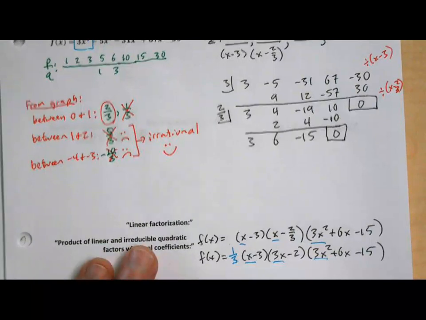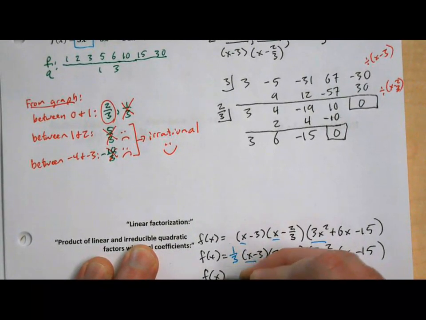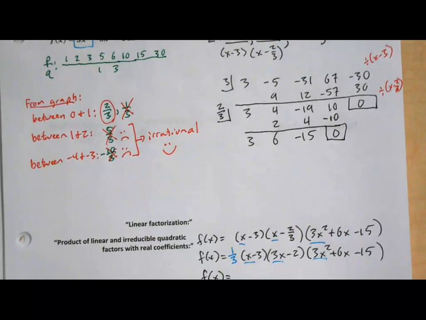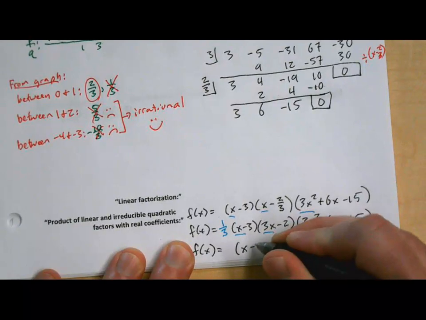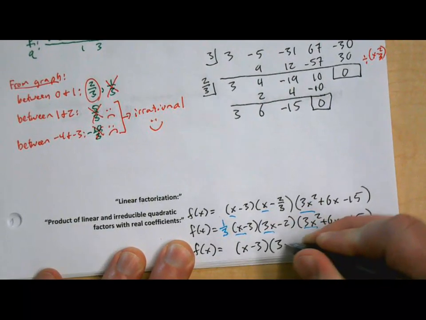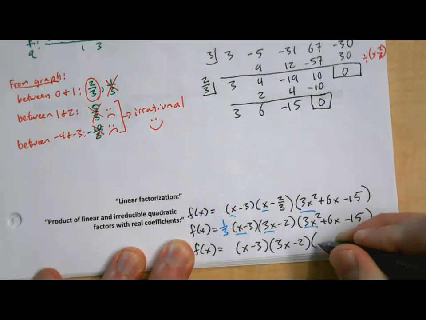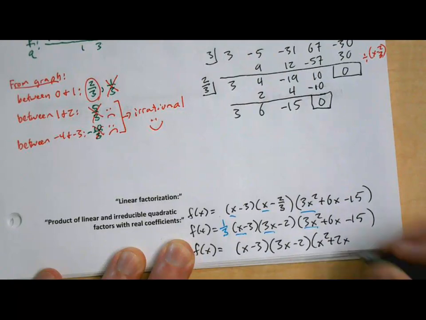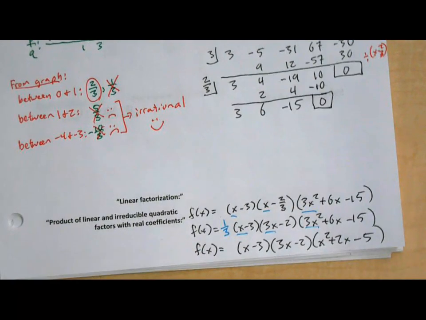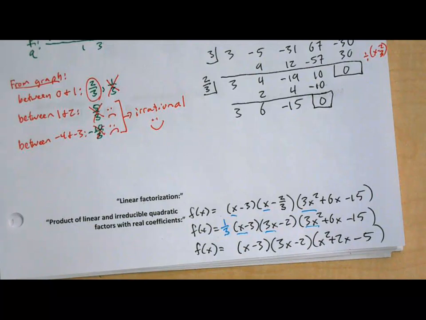I would guess if you were to look in the back of the textbook for a similar problem like this, they probably would write it out this way. I'm just showing you guys these different formats because they are all correct. So if you're doing a problem and you look in the back of the textbook, I don't want you to freak out if you see something that looks a little bit different from yours.